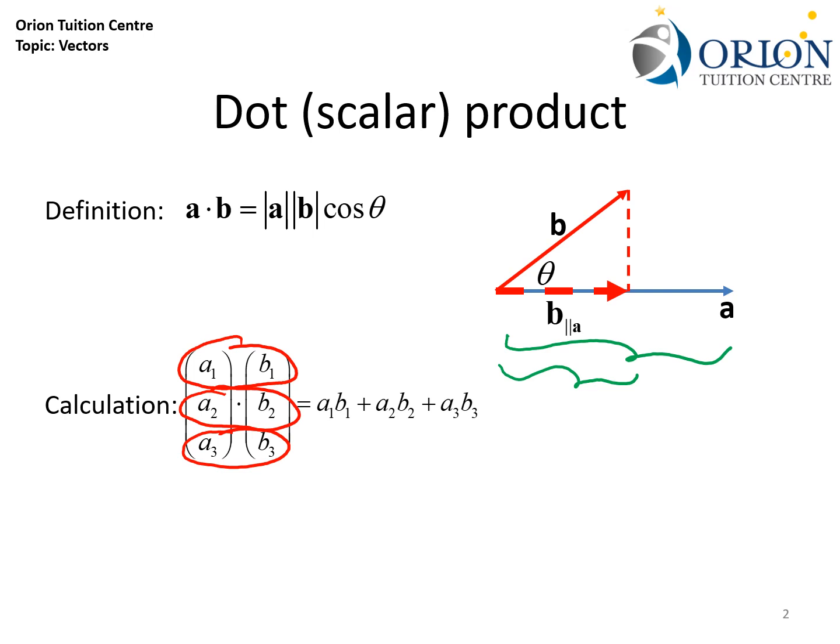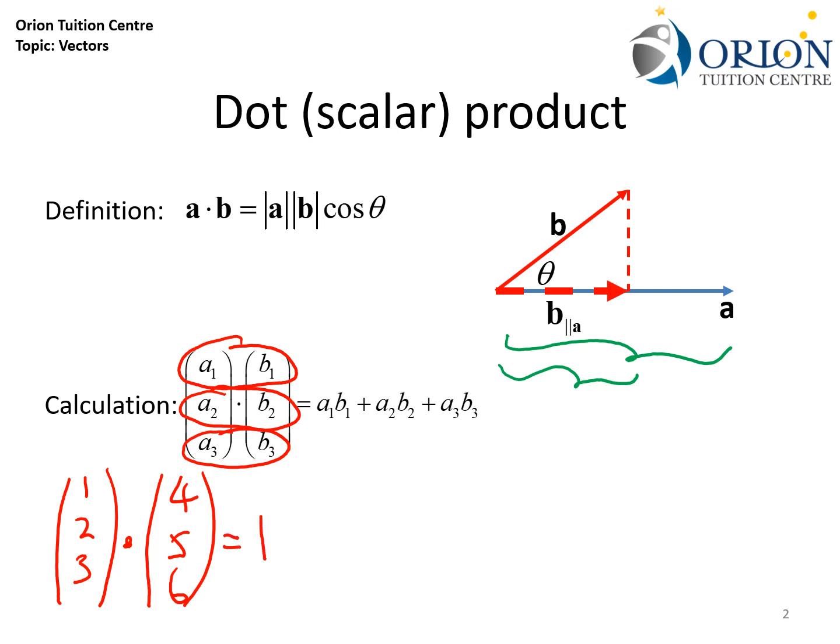For example, if I have the vector 1, 2, 3 performing a dot product with the vector 4, 5, 6, we can evaluate this dot product by simply saying that it is equal to 1 multiplied by 4 plus 2 multiplied by 5 plus 3 multiplied by 6, and therefore this gives us 32.